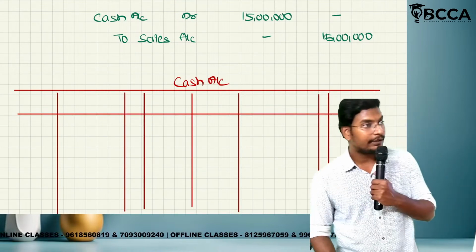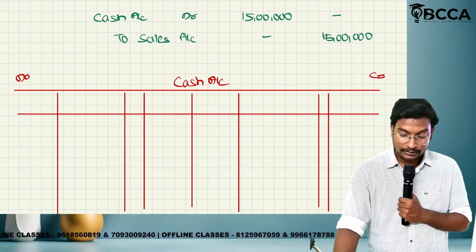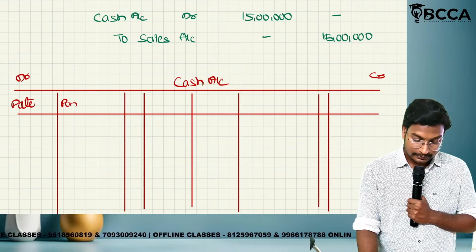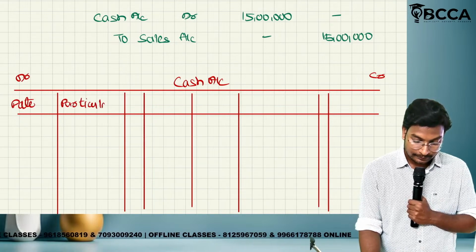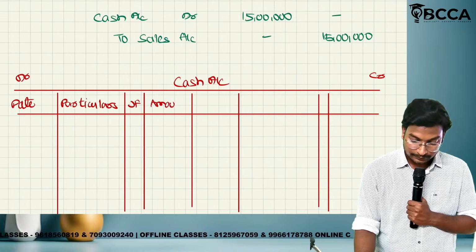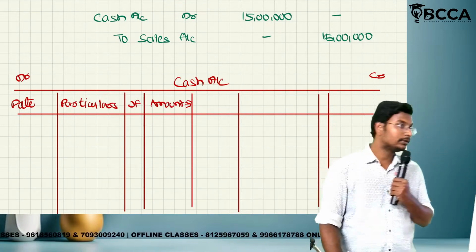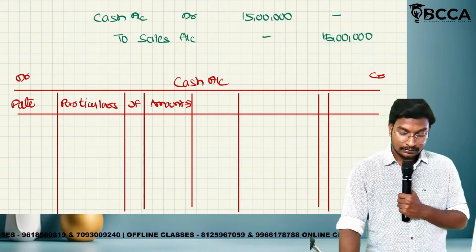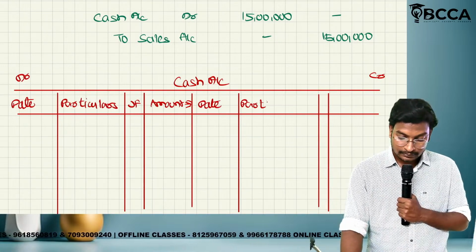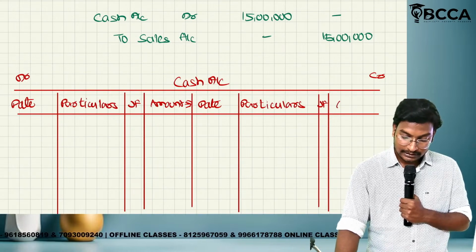Left hand side we need to record what, ma? Debit record. Right hand side we will record the credit record. You can draw the T shape, no problem.